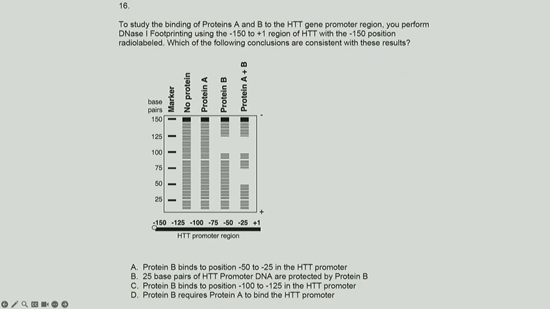If you really want to like flip it visually, you would flip this promoter, right? This thing, you would flip it vertically. Like if you wanted to align the promoter with the gel itself, you would draw it like this, where this is the minus 150 and this is the plus 1.